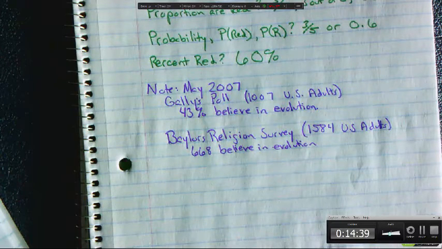Now, this is actual data, these are actual examples. You can probably Google Baylor Religion Survey about evolution 2007 and find the full-blown survey.